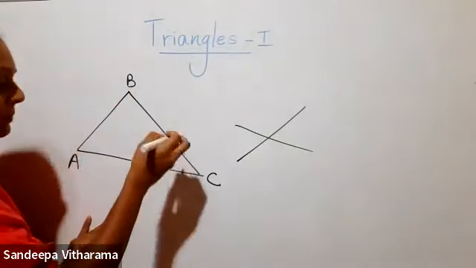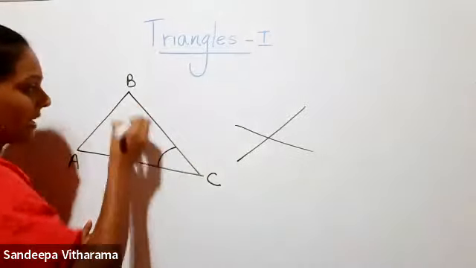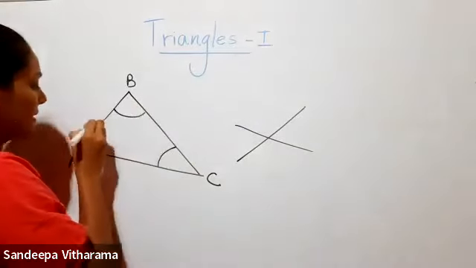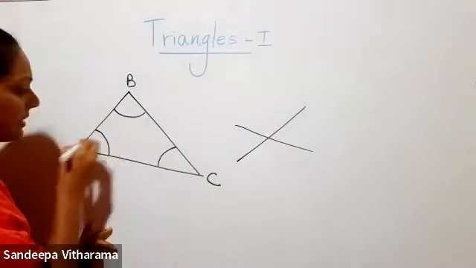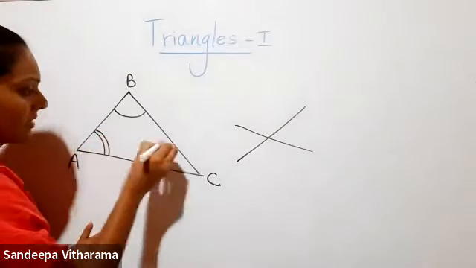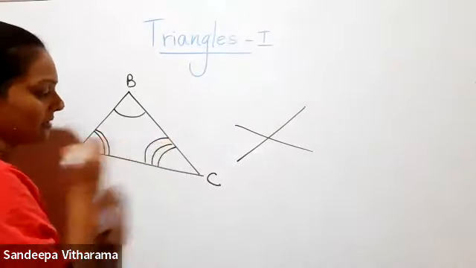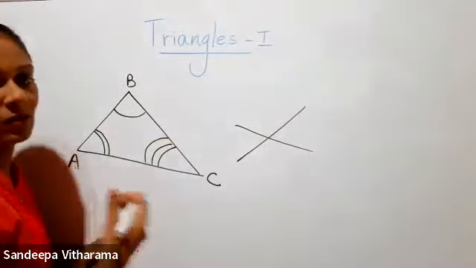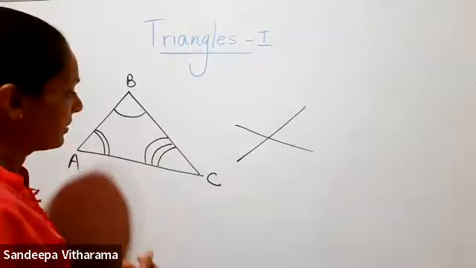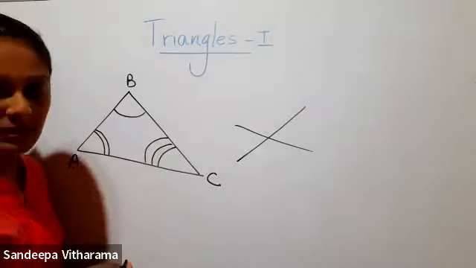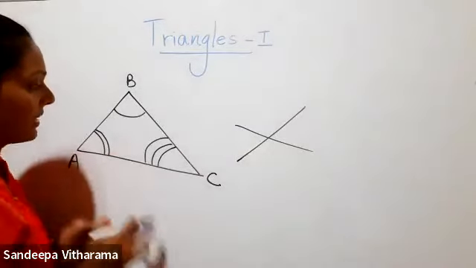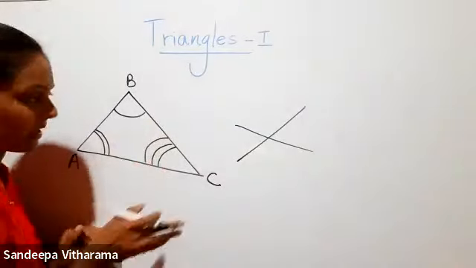Then angles form. Here you can identify there are 3 triangles. They may be equal or they may not be equal. Only 2 of them may be equal. Anyway, there are 3 angles.